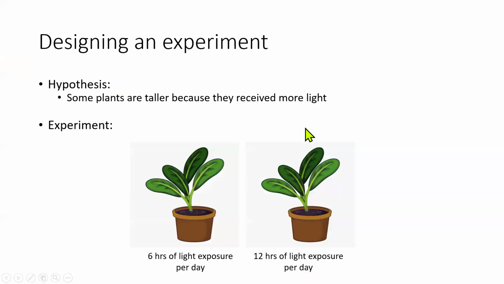Okay. Moving on. So let's actually set up the experiment. Just to recap, our hypothesis was that some plants are taller because they receive more light. And it's testable. It could potentially be wrong. That's why it's a good hypothesis. We're gonna go ahead and do the experiment.